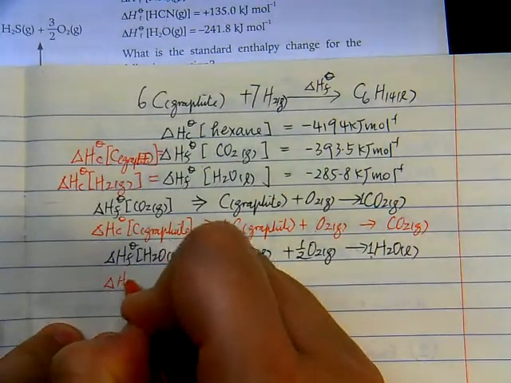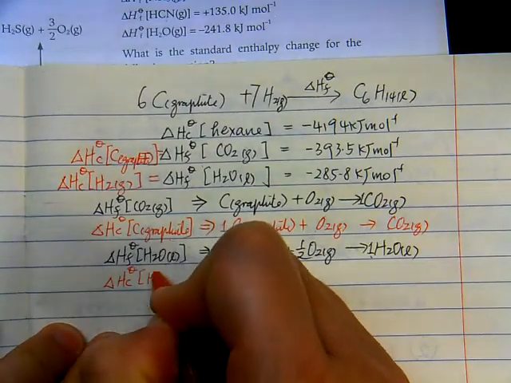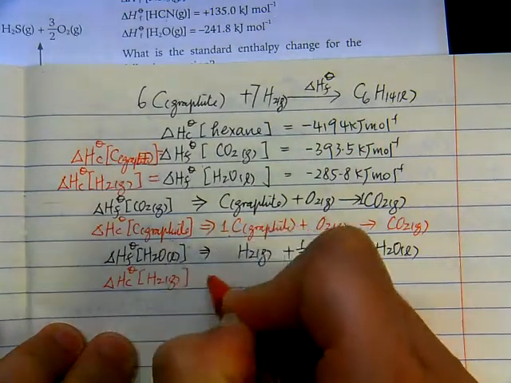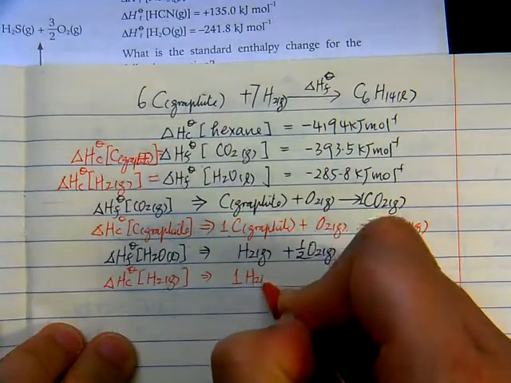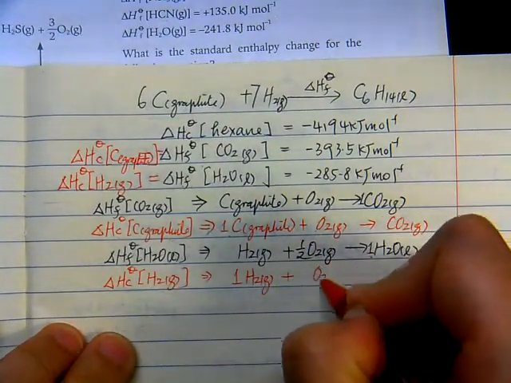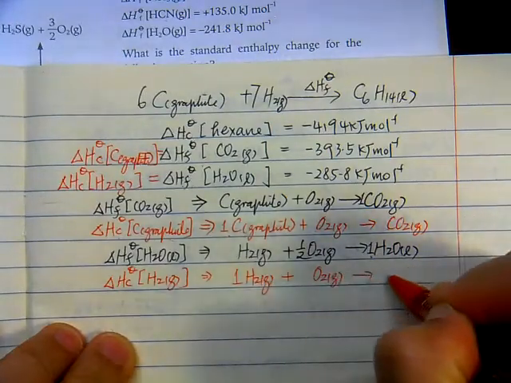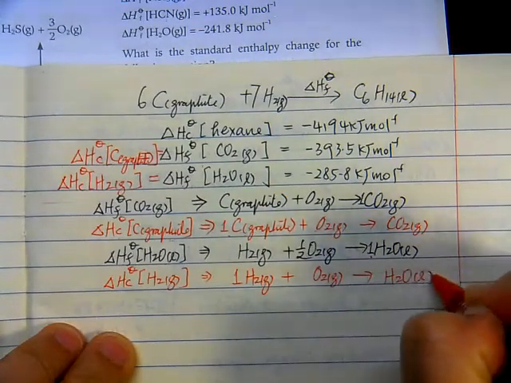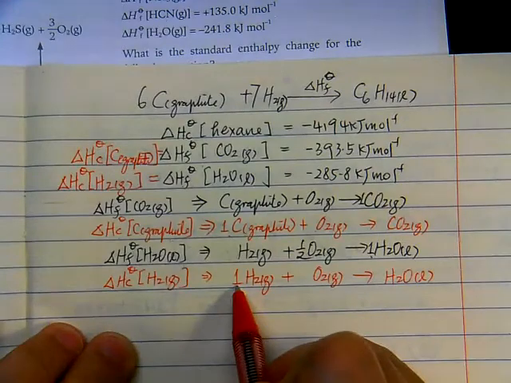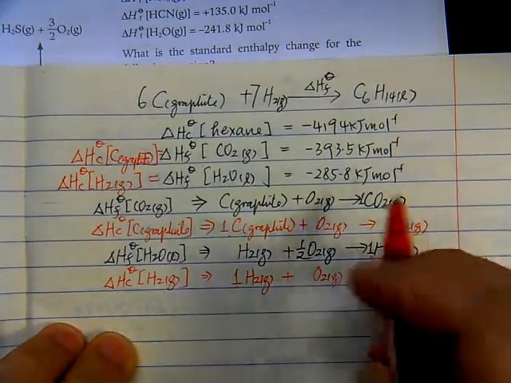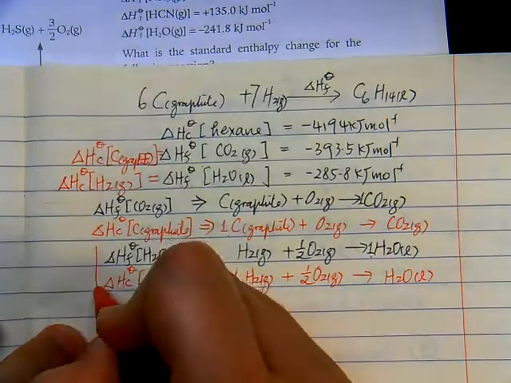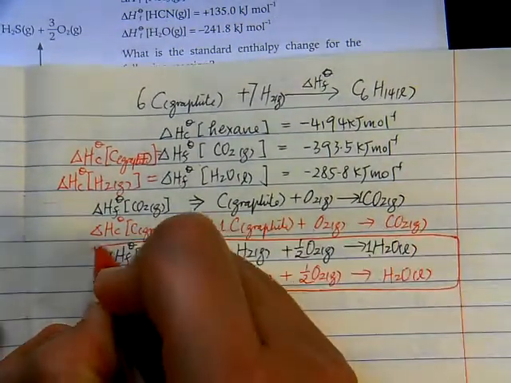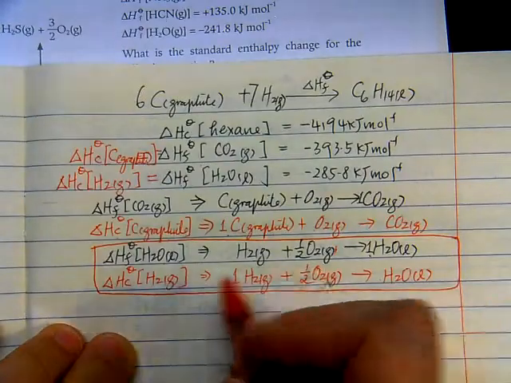How about standard enthalpy change of combustion of hydrogen? It is the enthalpy change when 1 mole of hydrogen is completely burned in oxygen to form water under standard conditions. Keep this as 1. Then we have 1 water, and then we need half O2. Now again, compare these two. They are the same with the same equation.